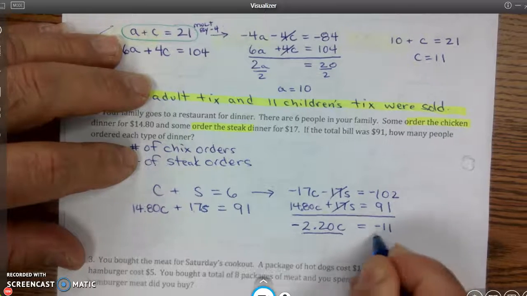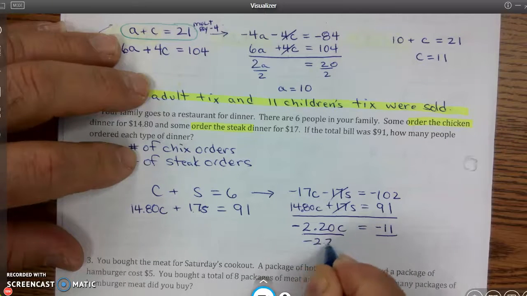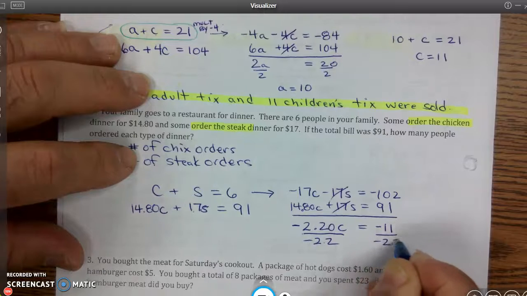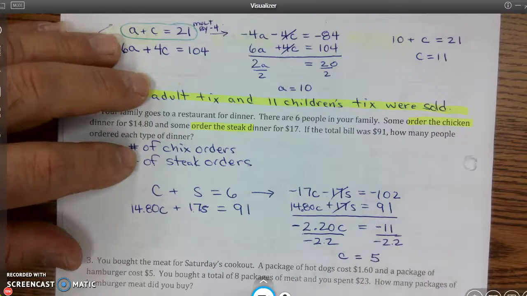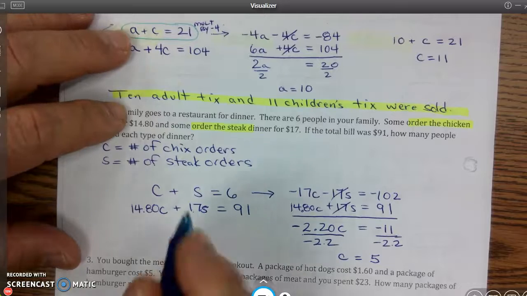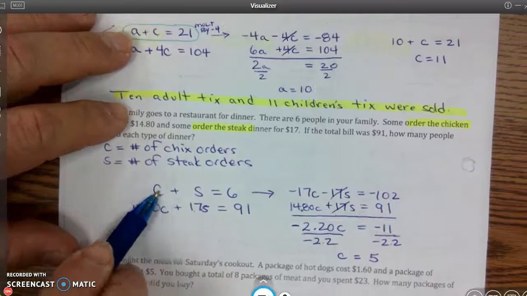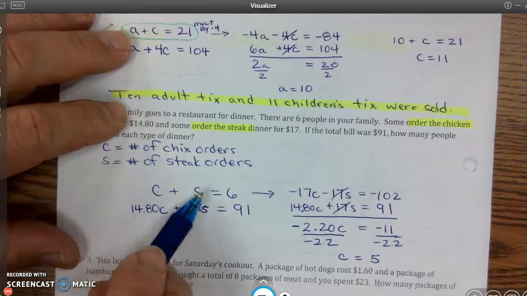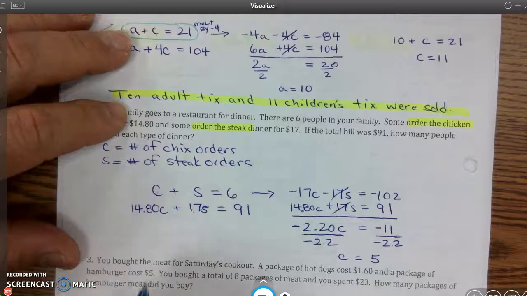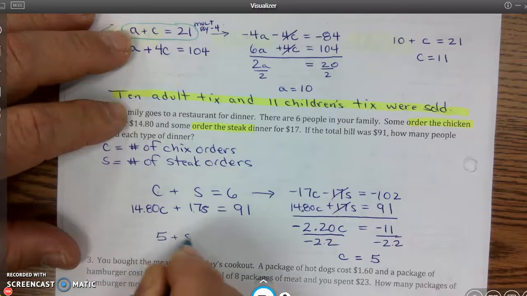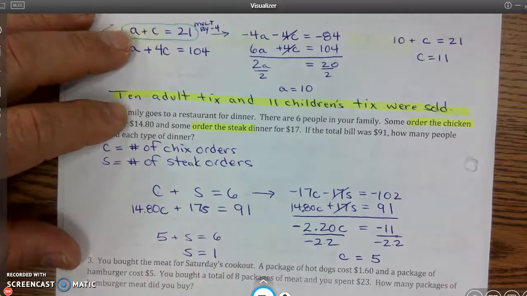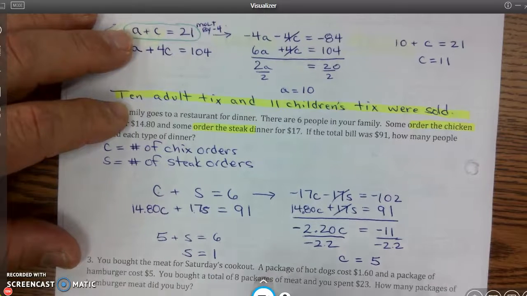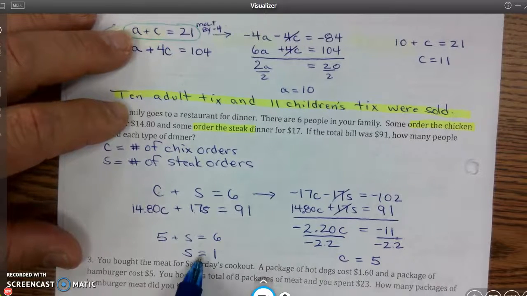Divide both sides by negative 2.2. And you get C equals 5. So 5 chicken dinners were ordered. So you put 5 right back here. 5 plus what equals 6? 5 plus S equals 6. So S equals 1. So 1 steak dinner was ordered.